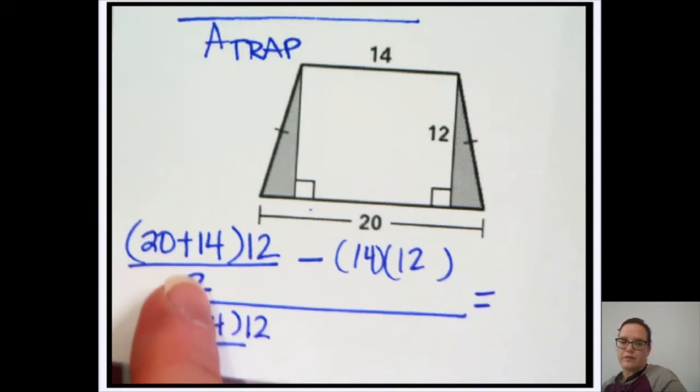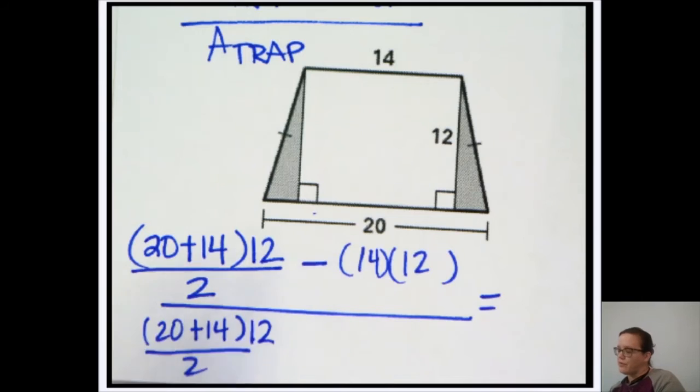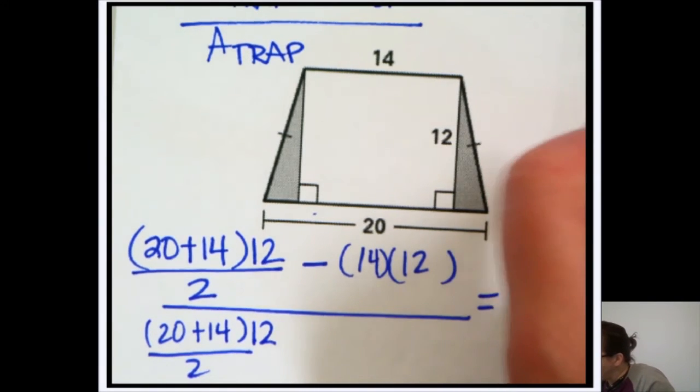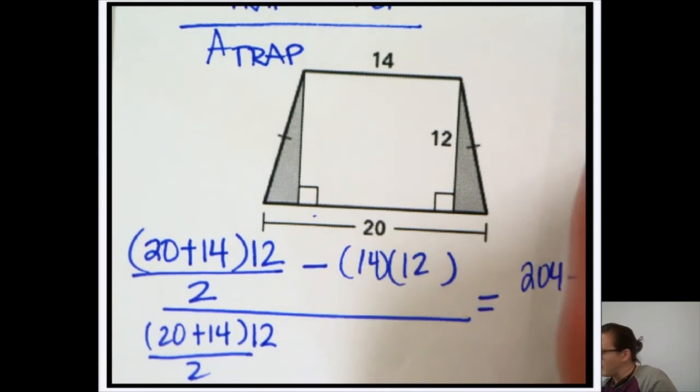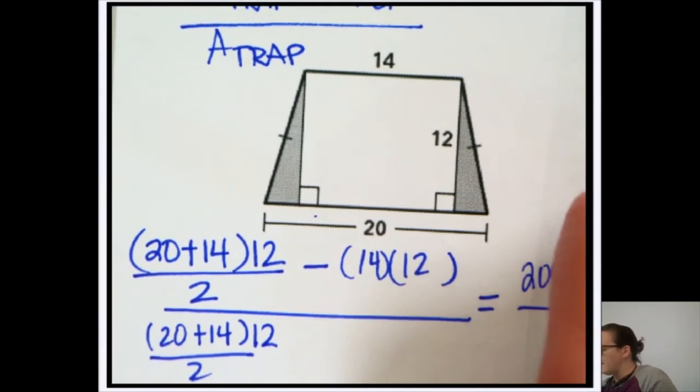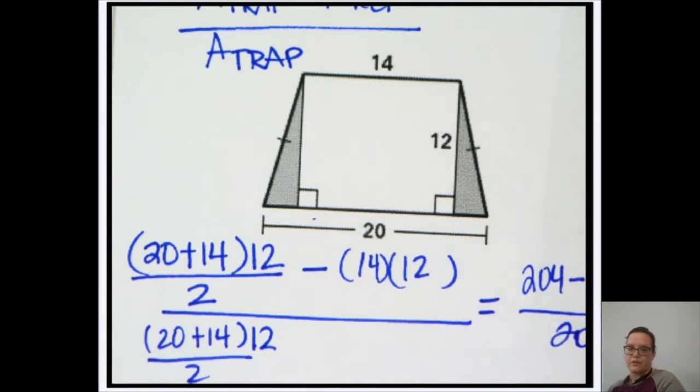So let's see if you can see that now. My trapezoid, I'll go ahead and find that. That's 20 plus 14 times 12, divide by 2, which is 204. And then the 14 times 12 is 168. And then I divide it by 204.